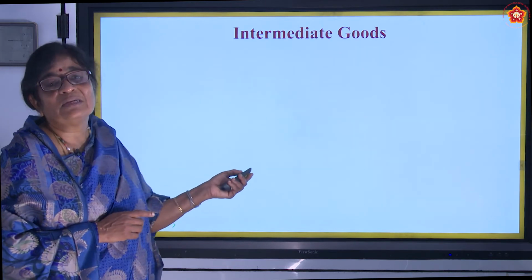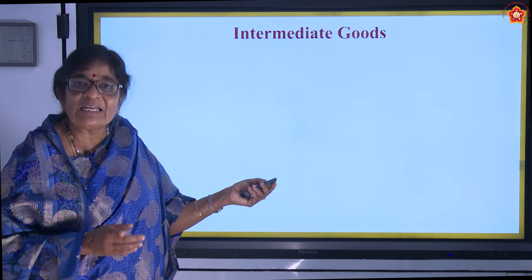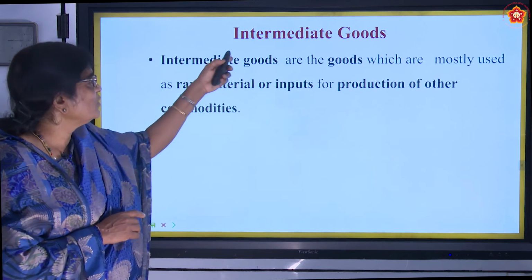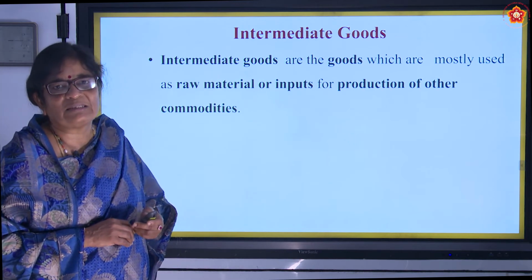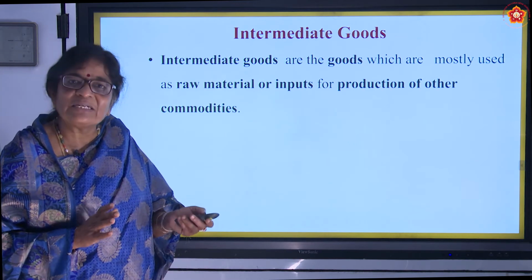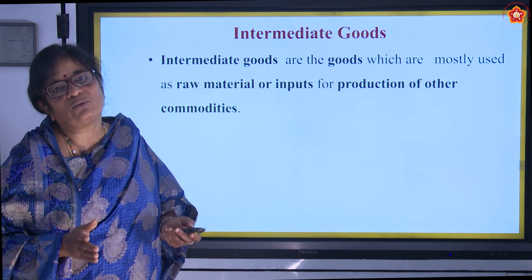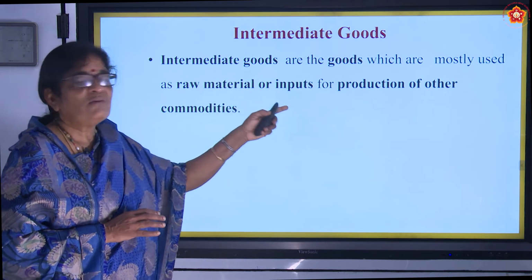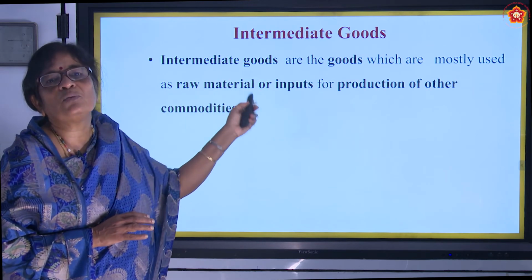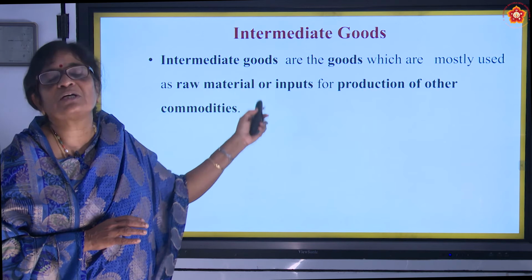And they also ask, explain the differences between final goods and intermediate goods. Now we are going to see intermediate goods. What are intermediate goods? This question always used to be asked in examinations. Differentiate between intermediate goods and final goods. Four sentences, 2 marks. Intermediate goods are the goods which are mostly used as raw material or inputs for further production of other goods.